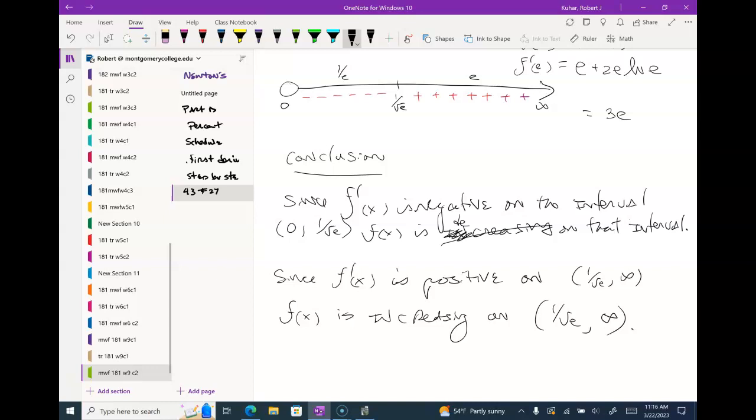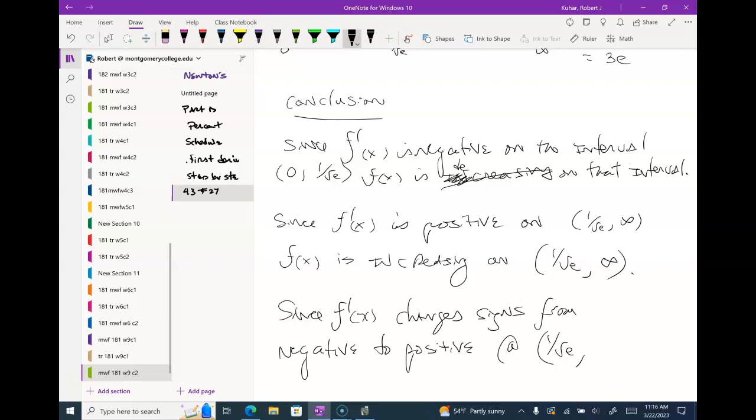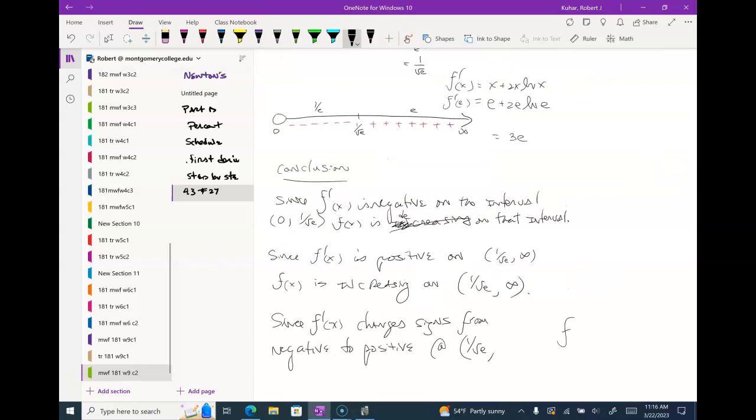Now I need my local min or max conclusion. And we clearly know it's a local min, right? We can see it on the curve, yes? Since f prime of x changes signs from negative to positive at 1 over square root of e, comma, I'm just doing a quick side work here. 1 over square root of e squared times ln of 1 over square root of e.